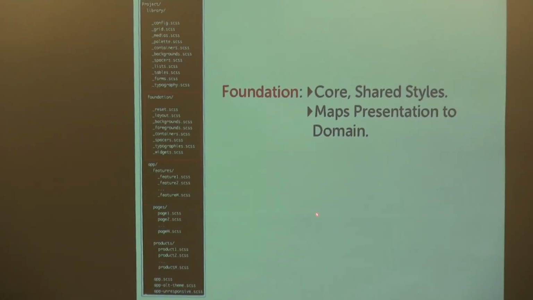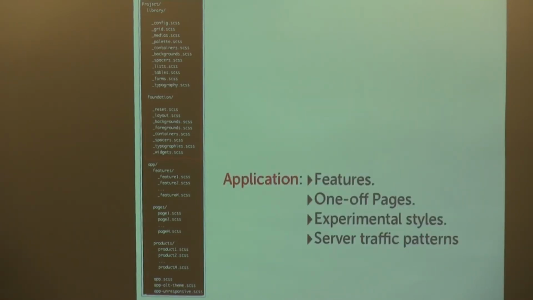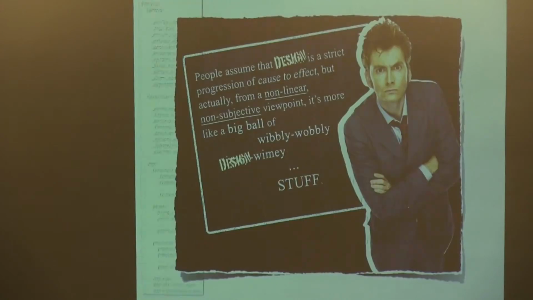Here we have different features, different pages, different products, and then big concatenated style sheets. And we have a lot of flexibility to adapt to traffic patterns, to deliver just the right amount of CSS, to maybe turn responsiveness off on different pages. And also, this is where our experimental styles live until they've been refactored.